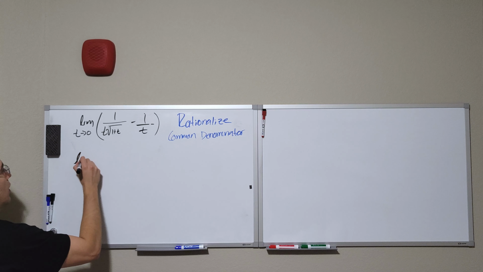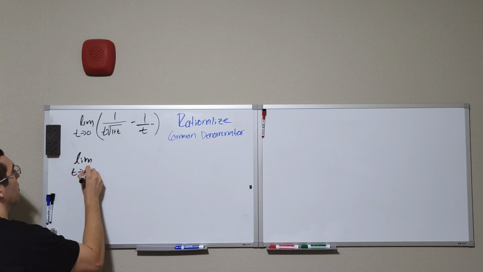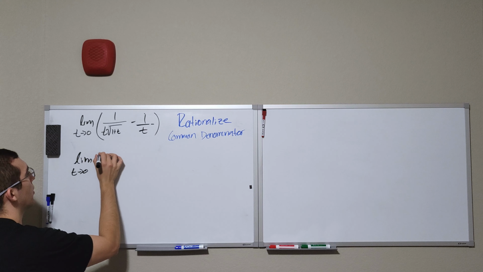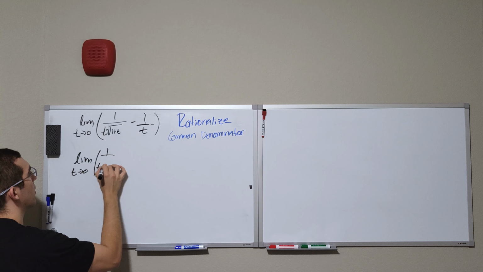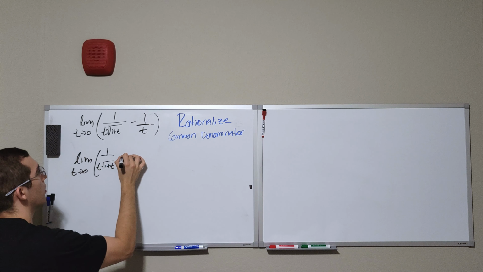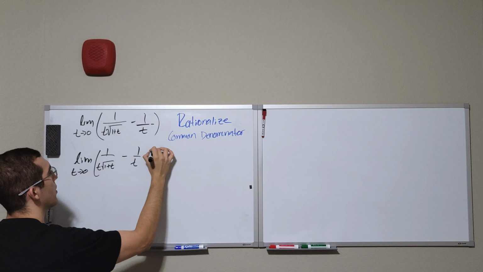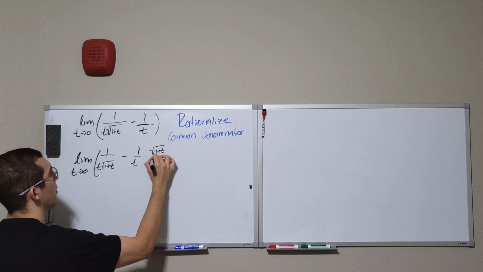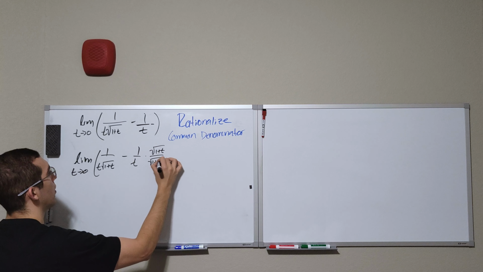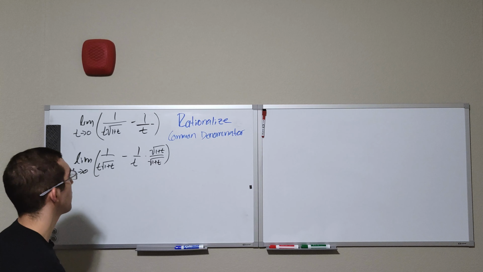So the limit as t approaches 0 of 1 over t times the square root of 1 plus t, minus 1 over t, times the square root of 1 plus t over the square root of 1 plus t.